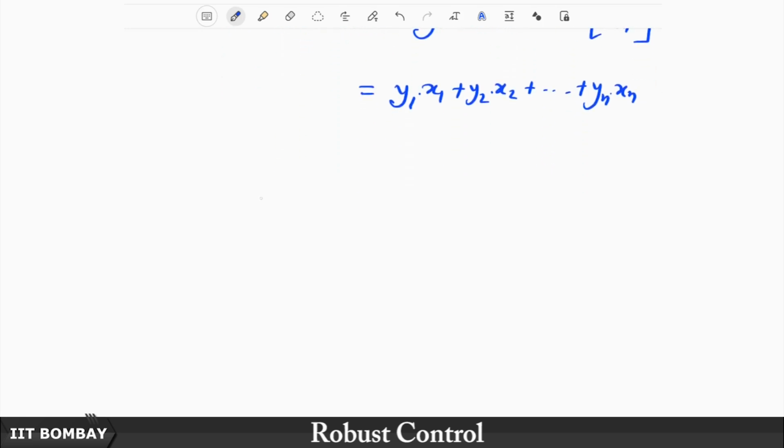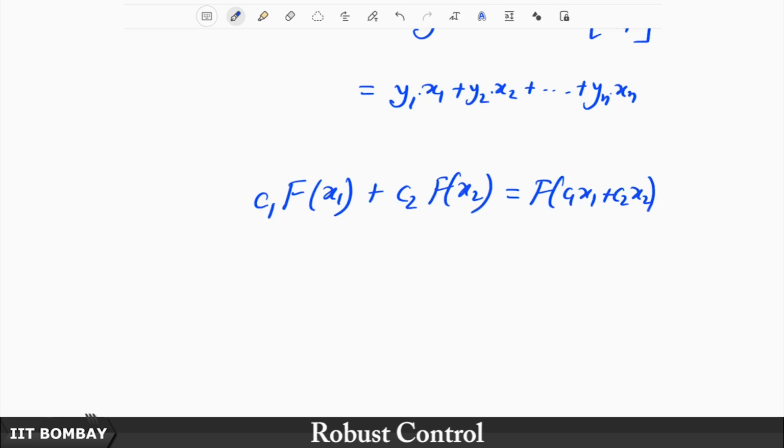It must satisfy that C1 f of x1 plus C2 f of x2 is equal to f of C1 x1 plus C2 x2. So, how do we go about this?